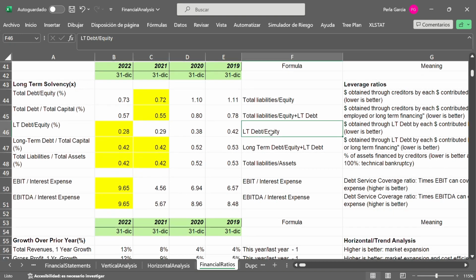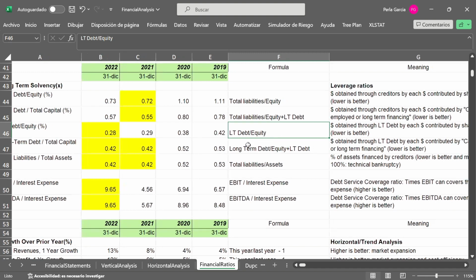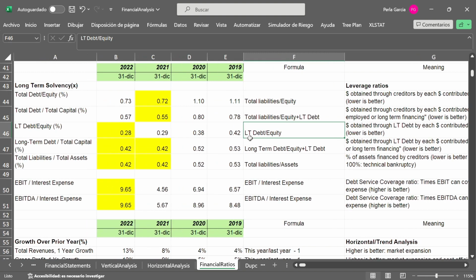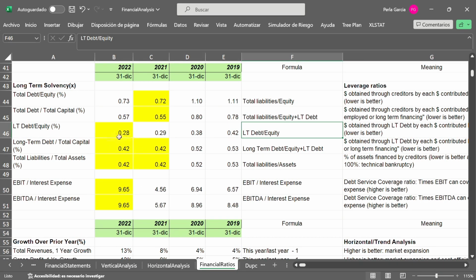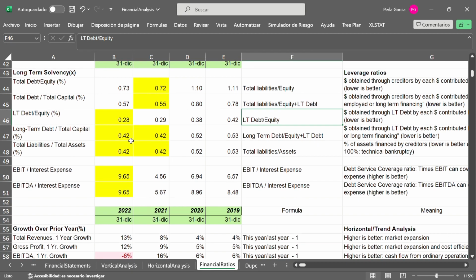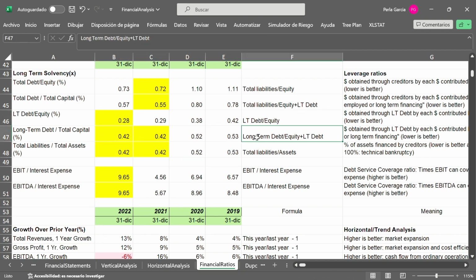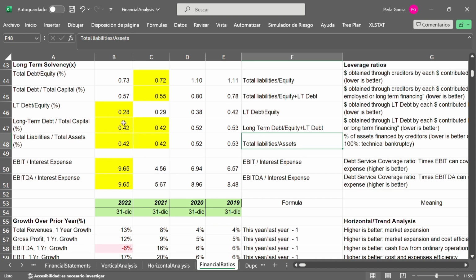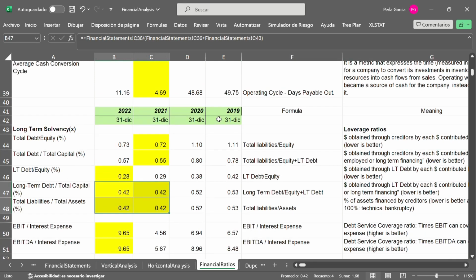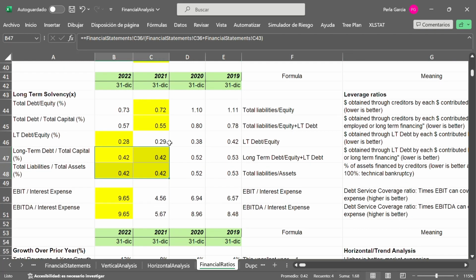Then the pesos obtained through the long-term debt for each peso contributed by the shareholders is 0.28. The other one is the long-term debt with the total capital, and the other one is the total liabilities with the total assets. As we can see in 2022 and 2021, the insights are the same.